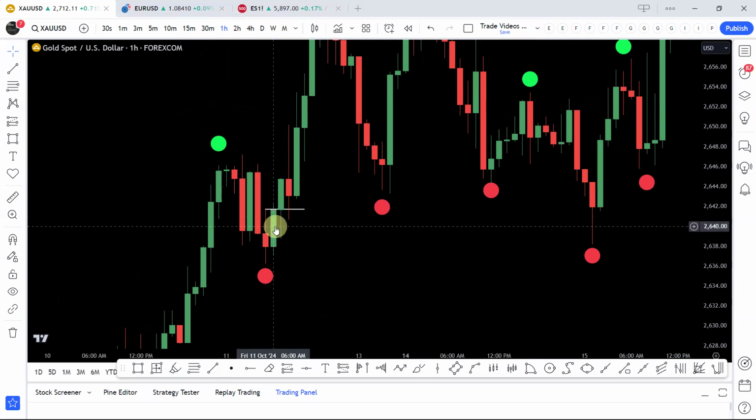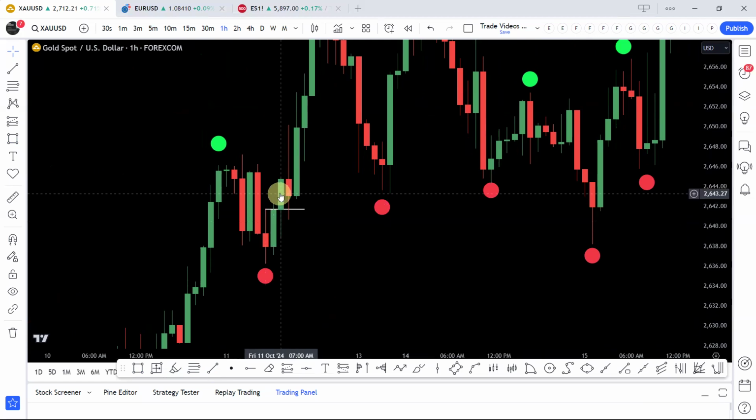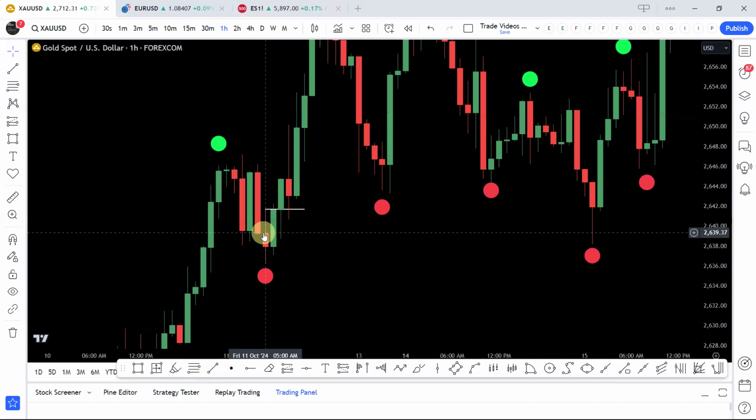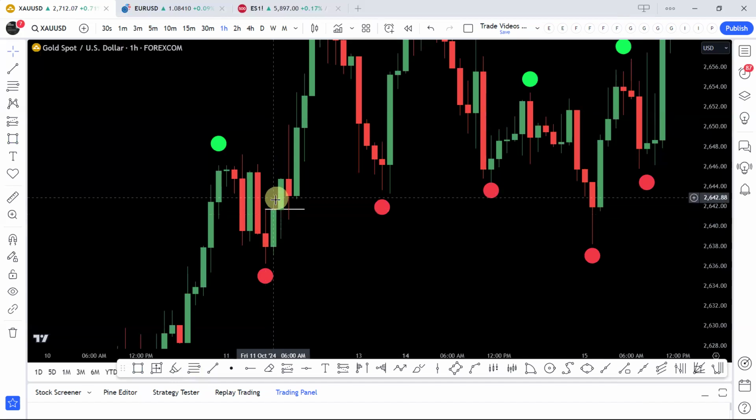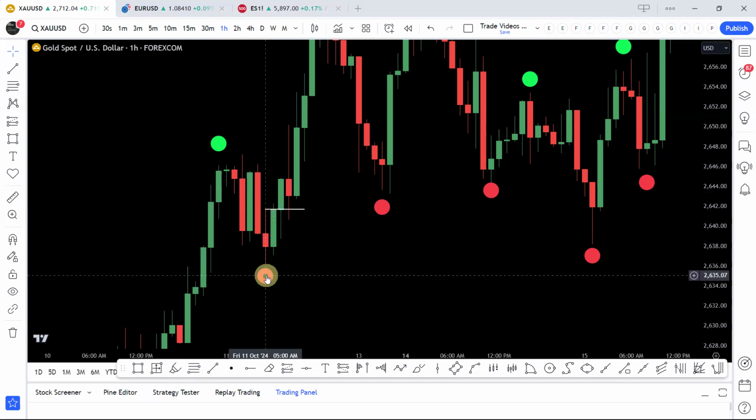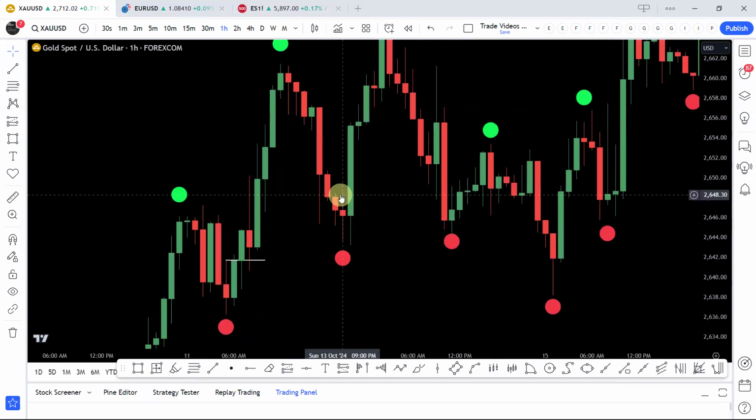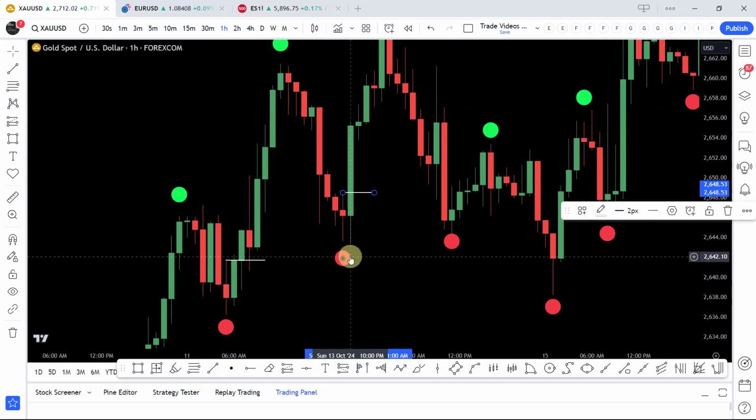It doesn't matter if it is the first candle or the second candle, but I need to see a green candle body close above the previous candle's highest wick or previous candle body. So as it closed above the previous candle's high, that is a valid low for me. This is the last red candle of a low, and the next candle closes a body above it, so that is a valid low for me.